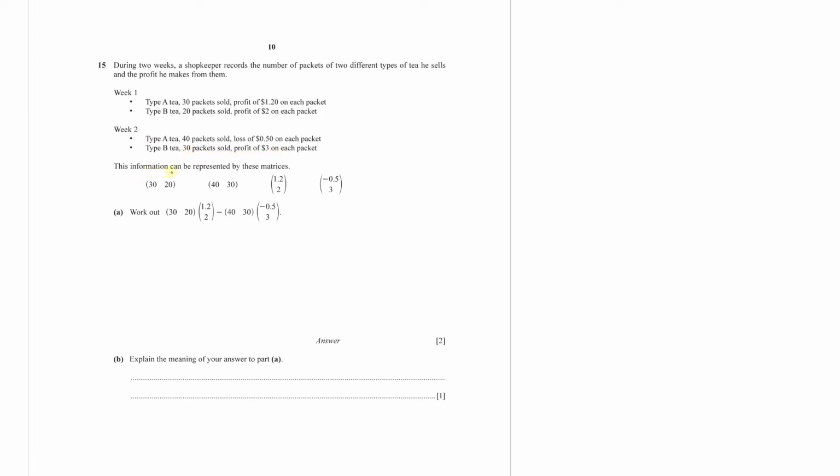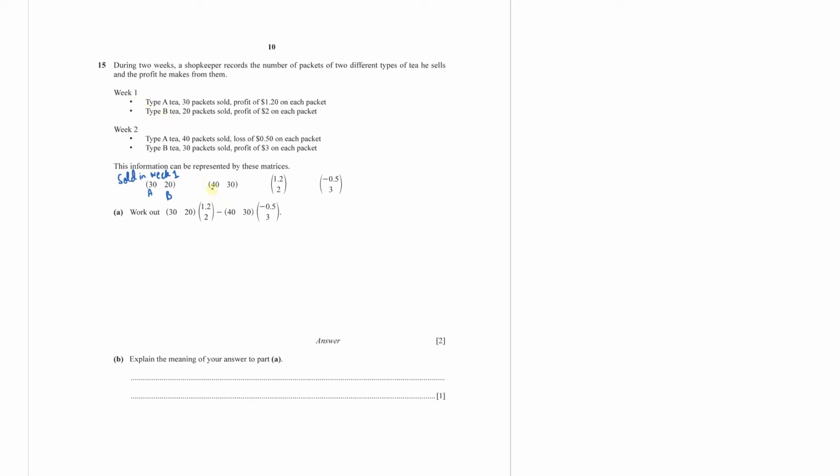This information can be represented by these matrices. This matrix represents the number of packets sold: type A, type B, sold in week 1. 30 packets of type A in week 1, and 20 packets of type B in week 1.